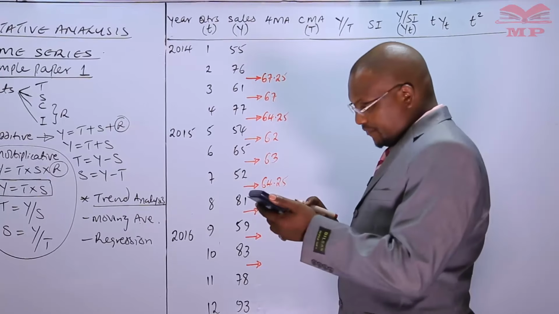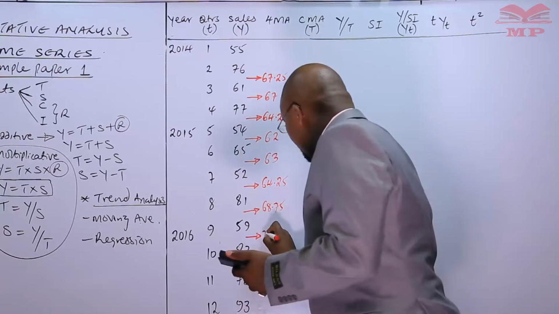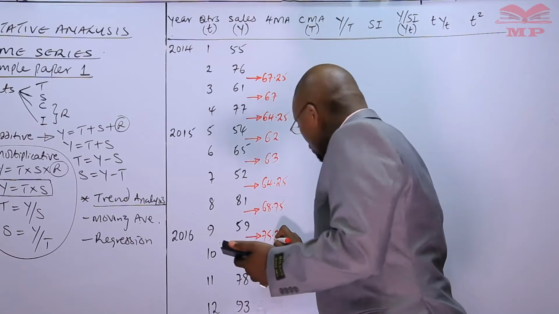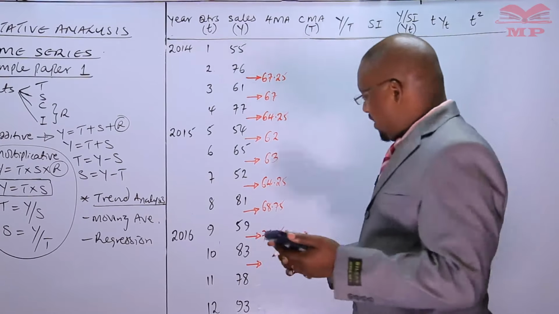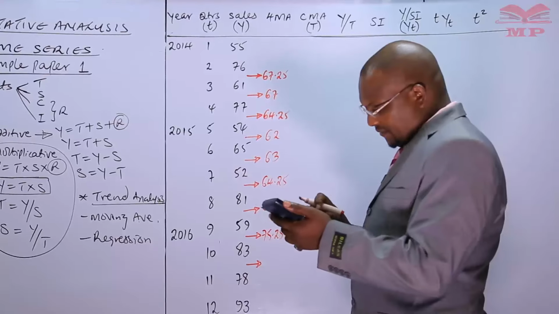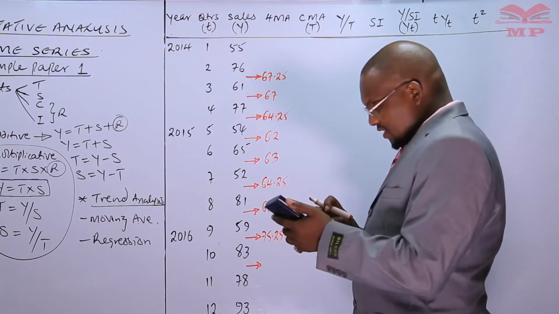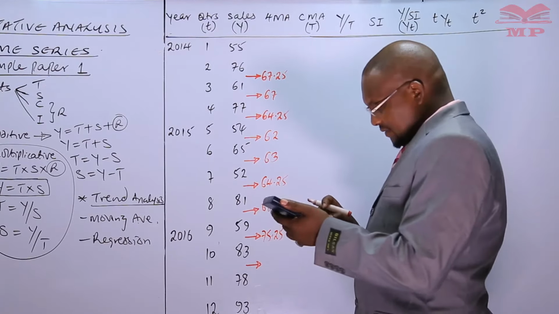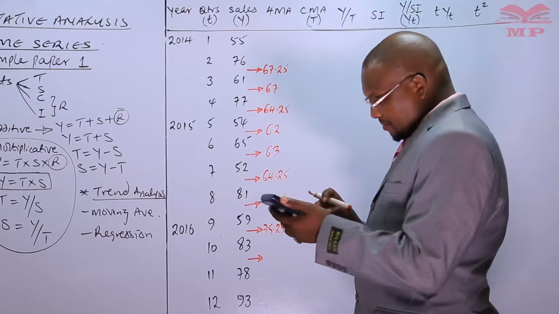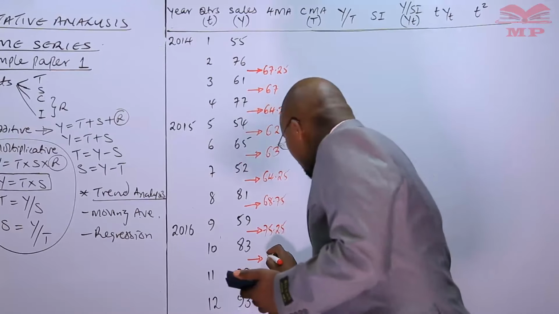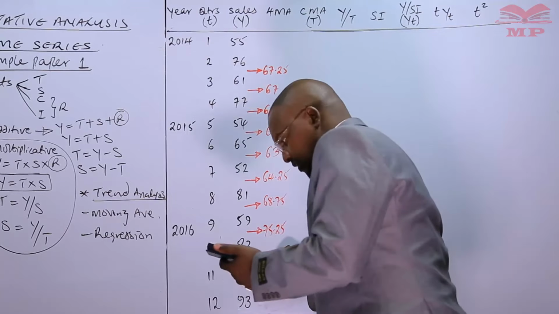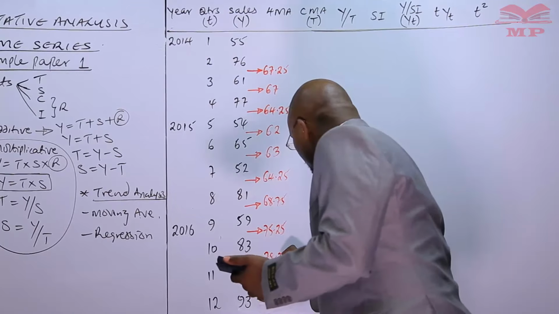Divide by 4. This will give me 75.25. And finally, this one I'll take 59 plus 83 plus 78 plus 93. I divide by 4. This will give me 78.25. So these are the values we have as far as the quarters are concerned.